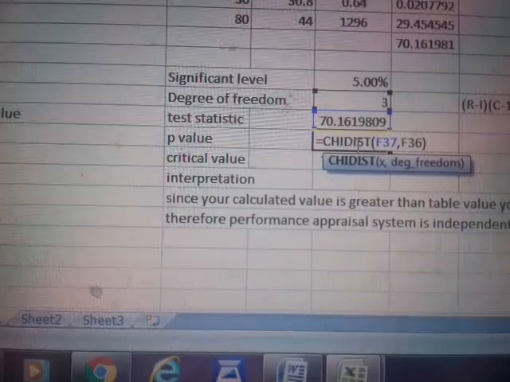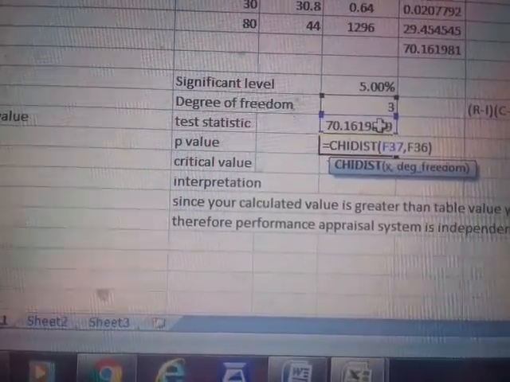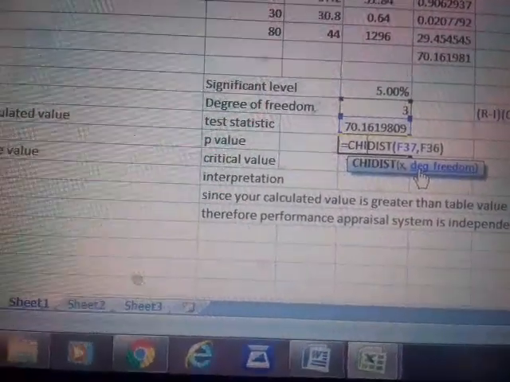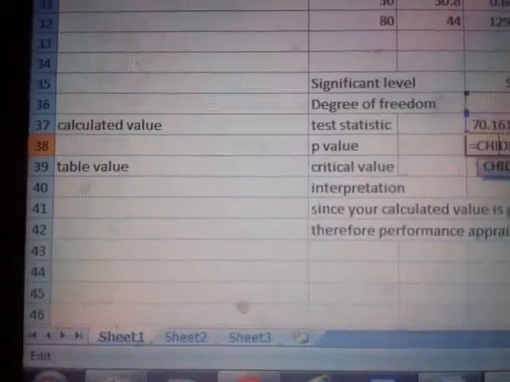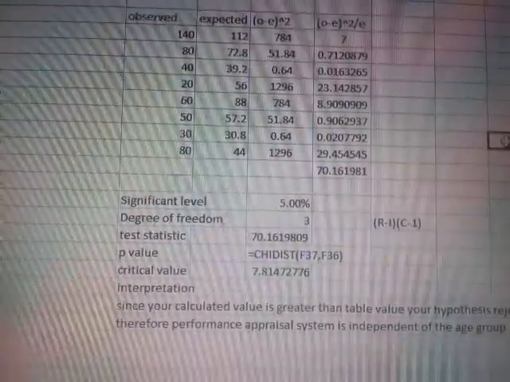So you can calculate the p value also here. You can calculate the critical value directly; the critical value is nothing but your table value. Like this you can use it for the chi-square test. I'll show you another example.